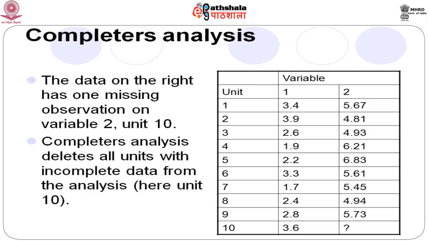So, let us look at this table. You have a data set with two columns, 1 and 2. For variable 1, all the 10 observations are available. On the other hand, for variable 2, the last observation is missing.